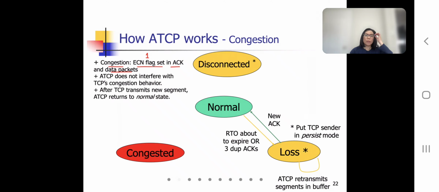Now, one thing we have to be cautious about here. The use of the ECN flag is not universal, in the sense that some routers may not implement it. That means a router would experience congestion, but it does not set the flag.